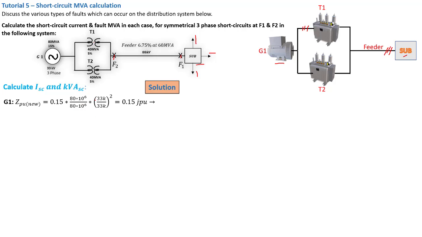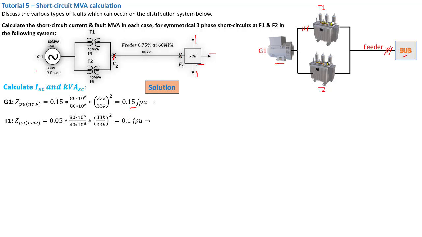You have to make sure that you maintain the 80 MVA throughout the entire calculation of this problem, because if you use a different one, you're going to get a wrong value. So 80 MVA, that is the generator MVA, is now the new base MVA for the entire system. So we find that we get 0.15 j per unit for G1.